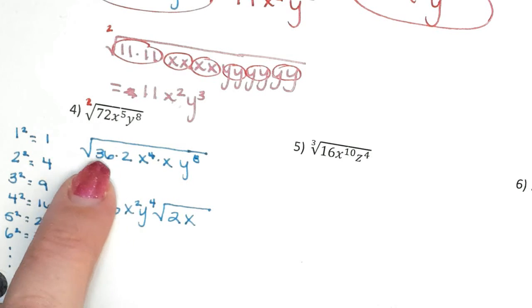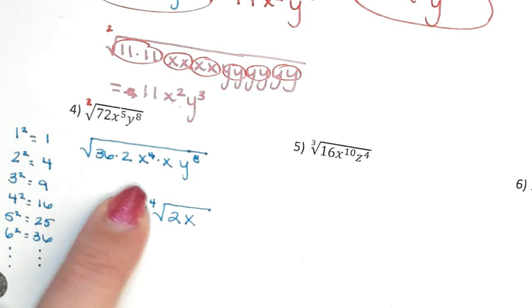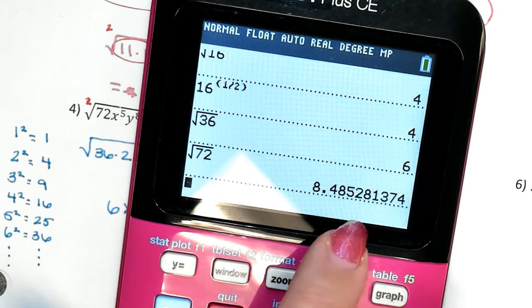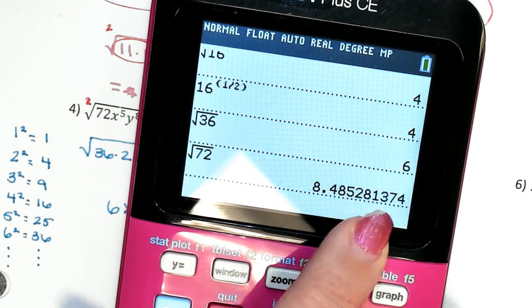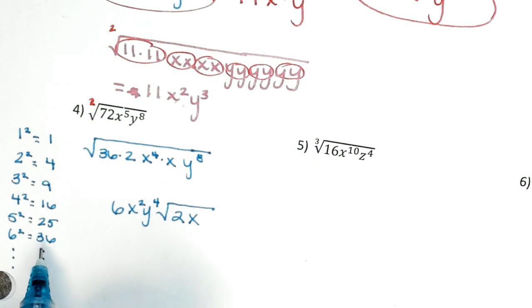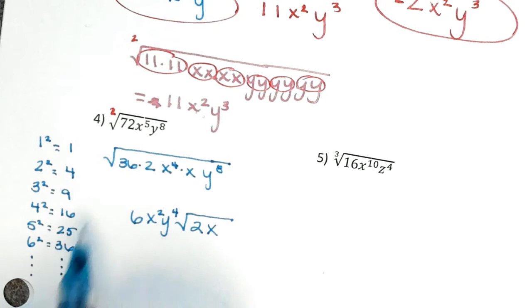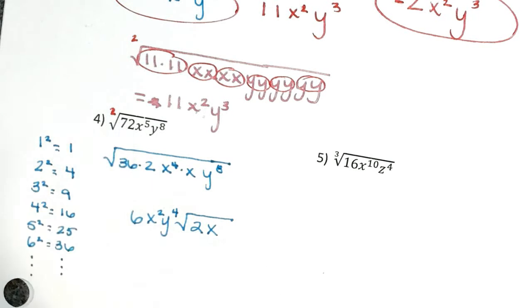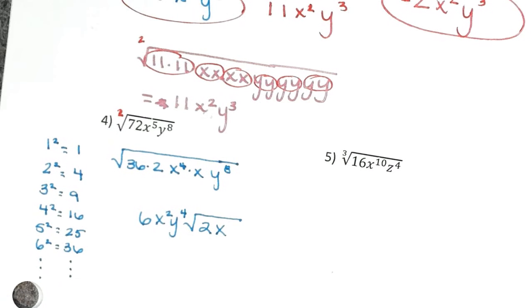So 36 times 2 is equal to 72. I needed to write 72 because if I tried to do the square root of 72, it's a decimal. So I can't take the square root of that number. So instead I had to use one of my perfect squares. That's why I came up with my list of perfect squares to say what could I have here in place of 72. So you have to write it as a multiplication problem.